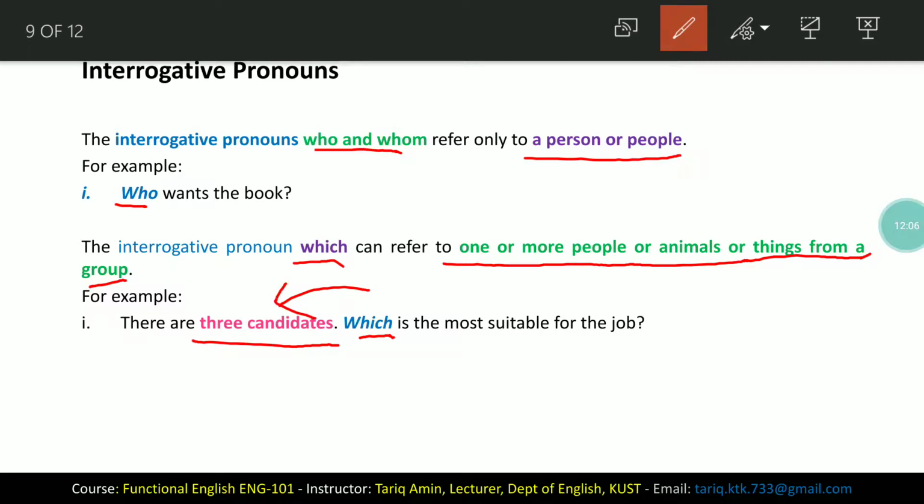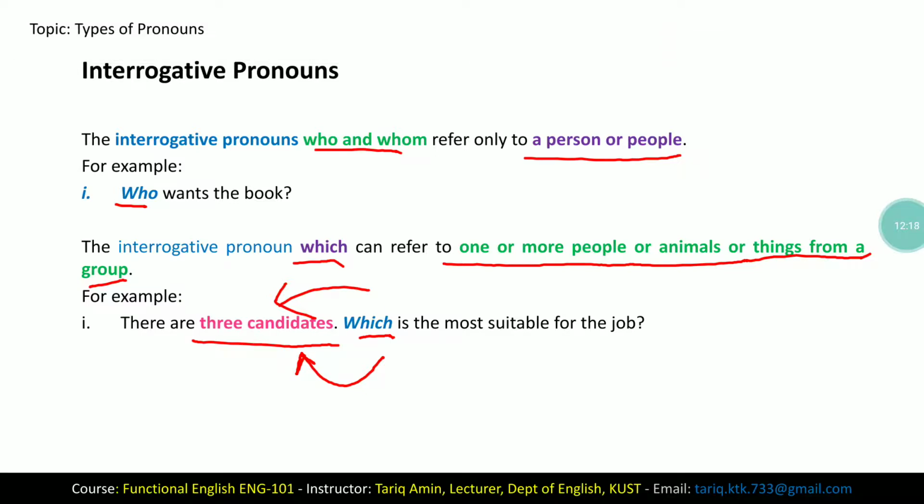So the interrogative pronouns who or whom refer only to a person or people, but the interrogative pronoun which can refer to one or more people or animals or things from a group.